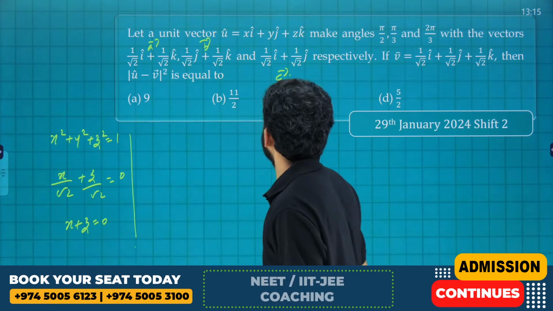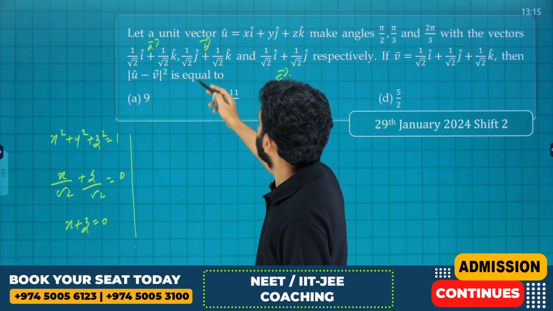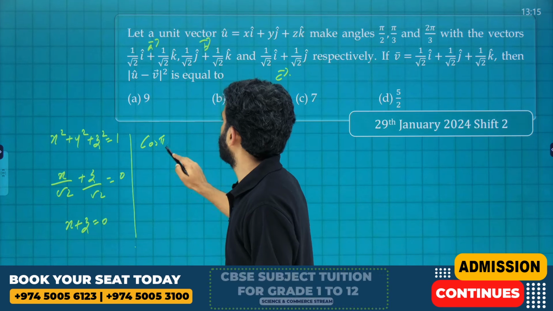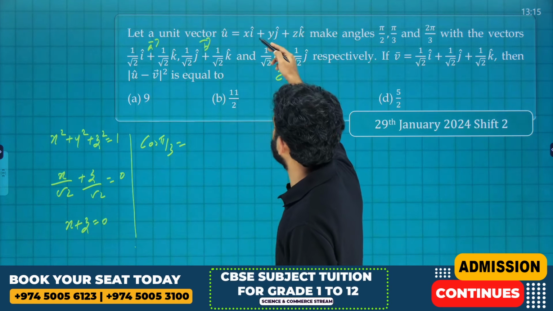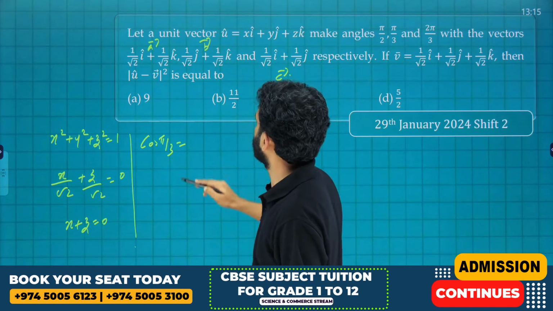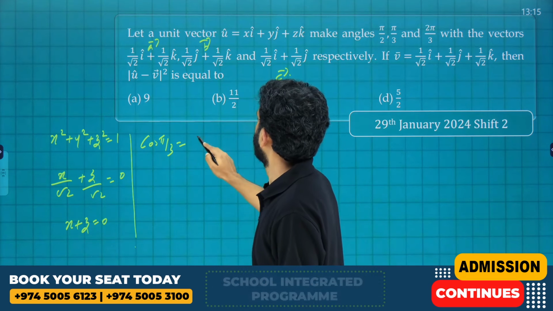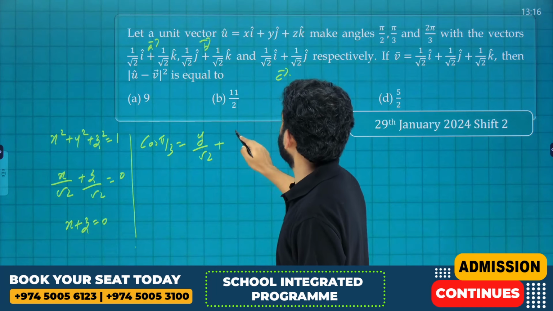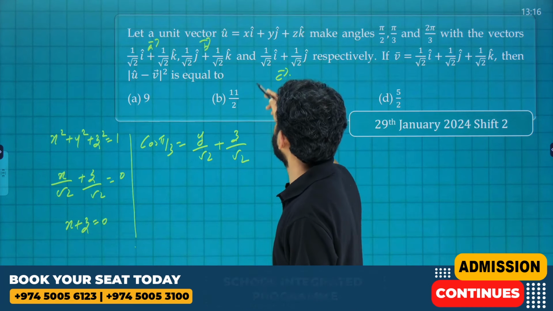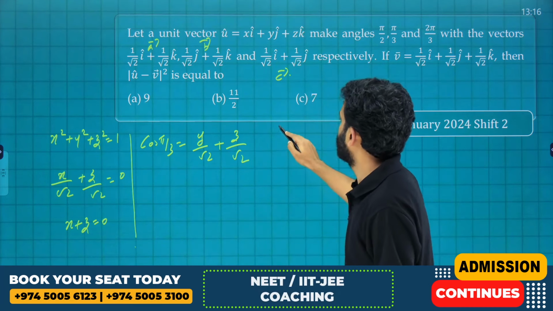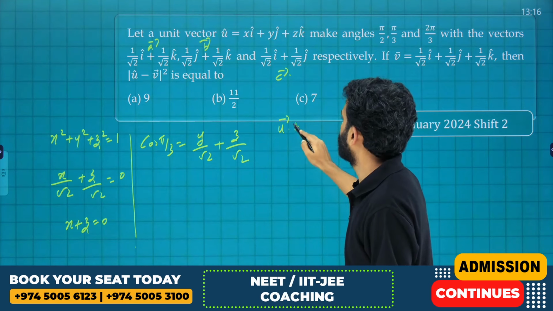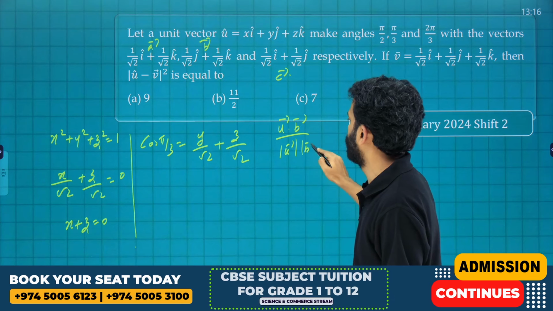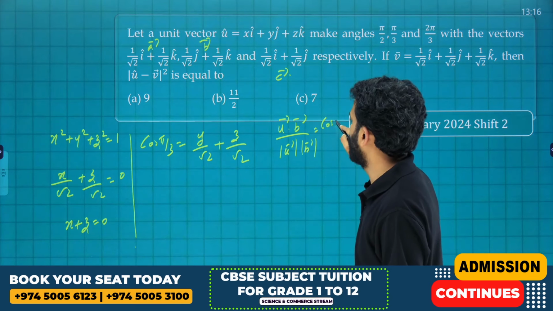Number 1. Next one. With vector B the angle is pi by 3, that is cos pi by 3 is equal to the dot product of u and B, that is y by root 2 plus z by root 2. Actually it is vector u dot vector B divided by magnitude of u into magnitude of B, which is cos pi by 3.